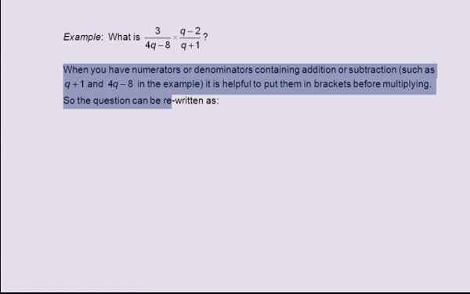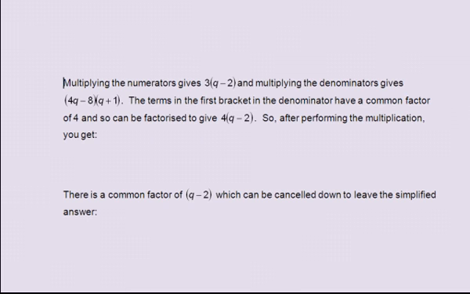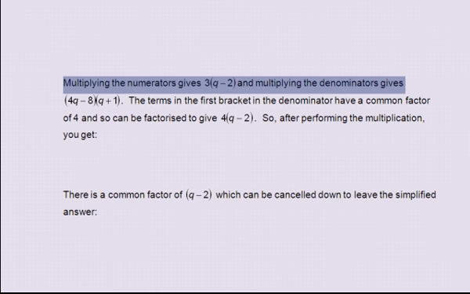So the question can be rewritten as 3 divided by (4q minus 8) multiplied by (q minus 2) divided by (q plus 1). Multiplying the numerators gives 3 multiplied by (q minus 2), and multiplying the denominators gives (4q minus 8) multiplied by (q plus 1).